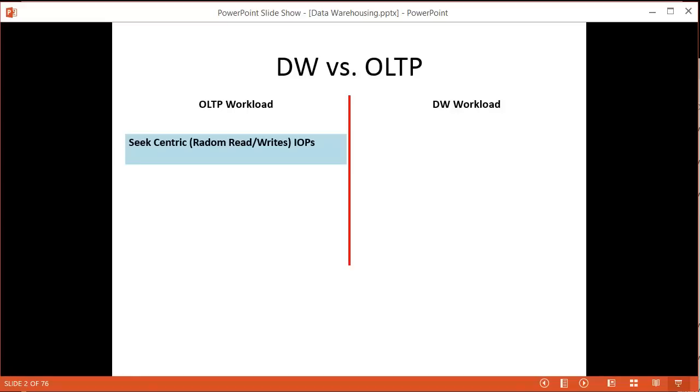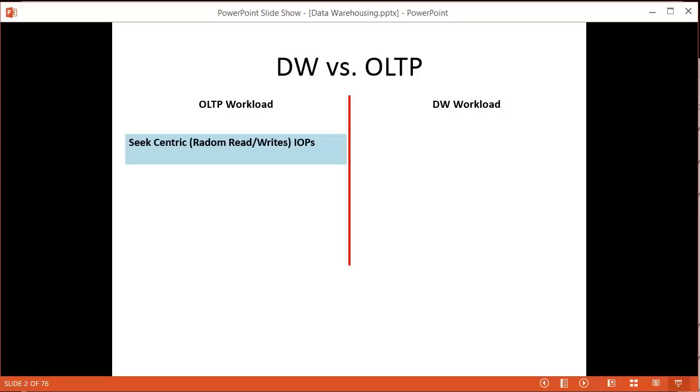What I mean by seek-centric is that most of the result sets from these types of queries are fairly small, in the tens or hundreds of rows range, and you're seeking individual records or a small handful of records from larger tables that are usually modeled in third normal form.